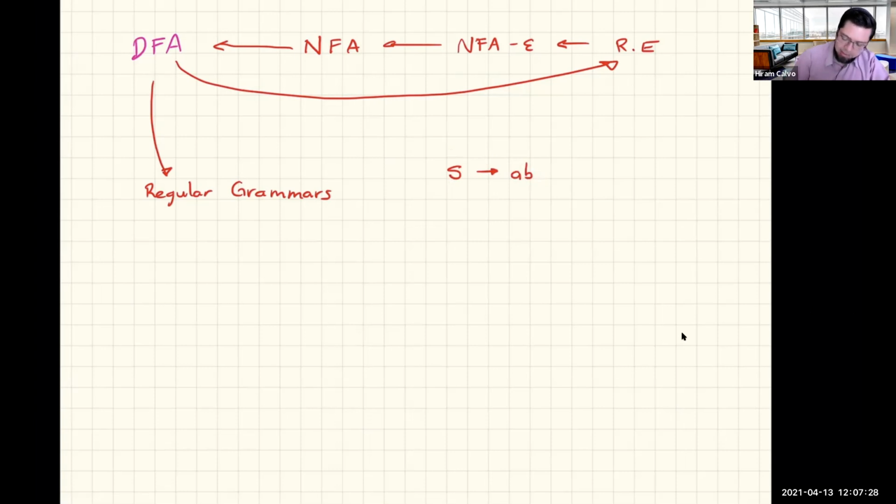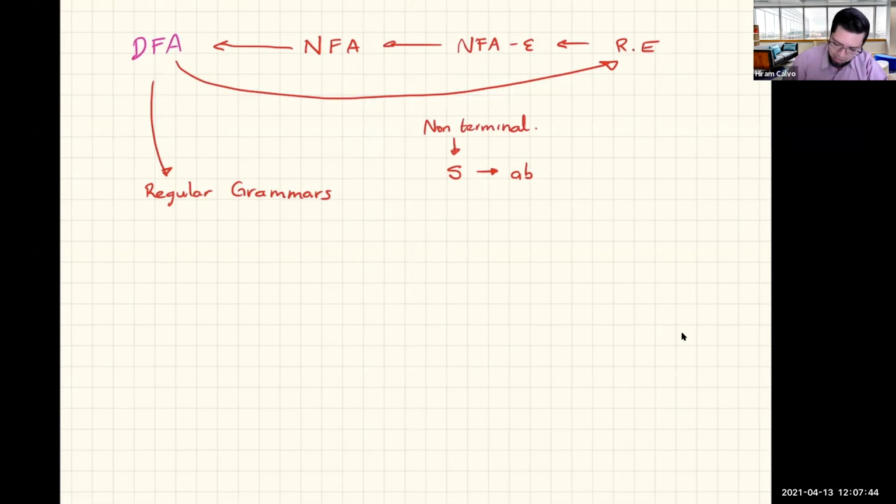Particularly, regular grammars have some restrictions. Particularly, the left side will always be a non-terminal symbol. We will classify symbols in two kinds.